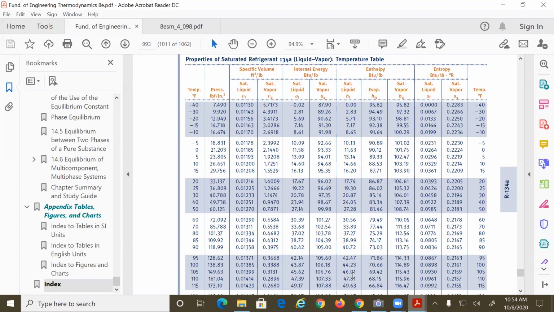H will be H fluid, because the pressure that we have is 60, so it's lower than 149.63, so we know it's going to be liquid.